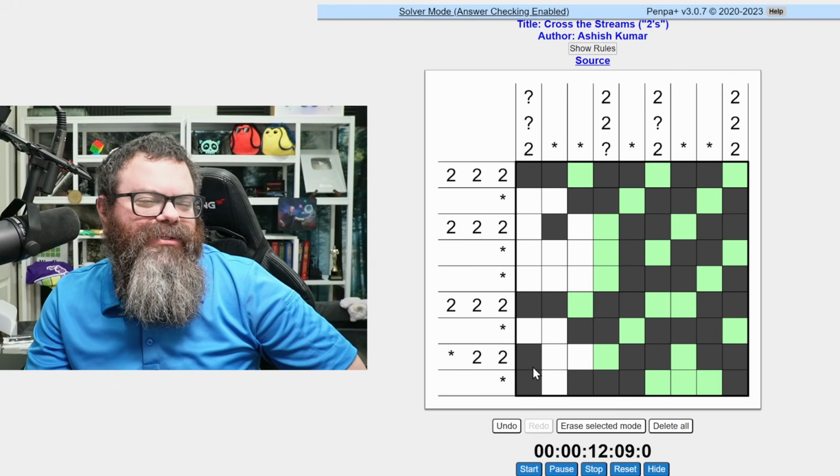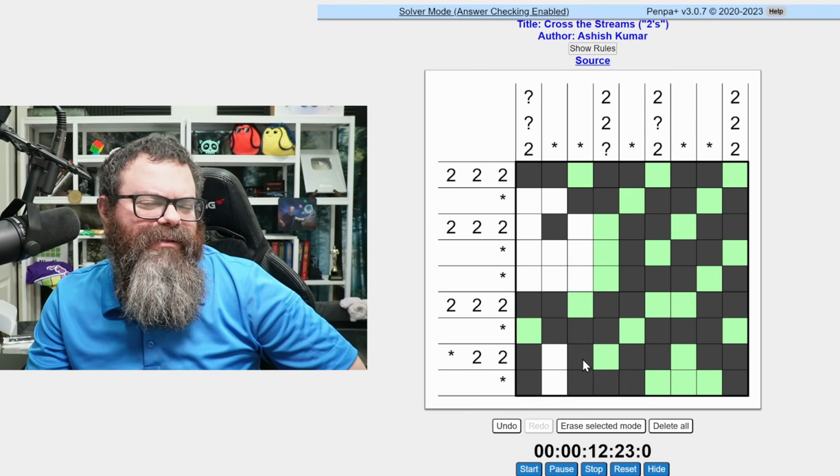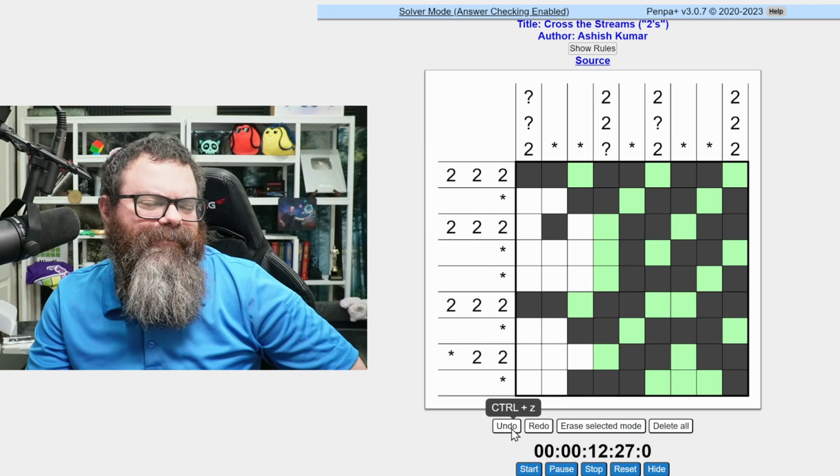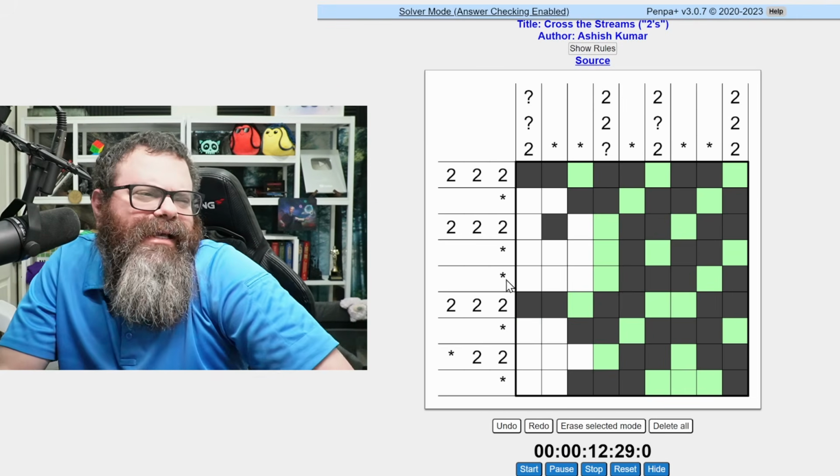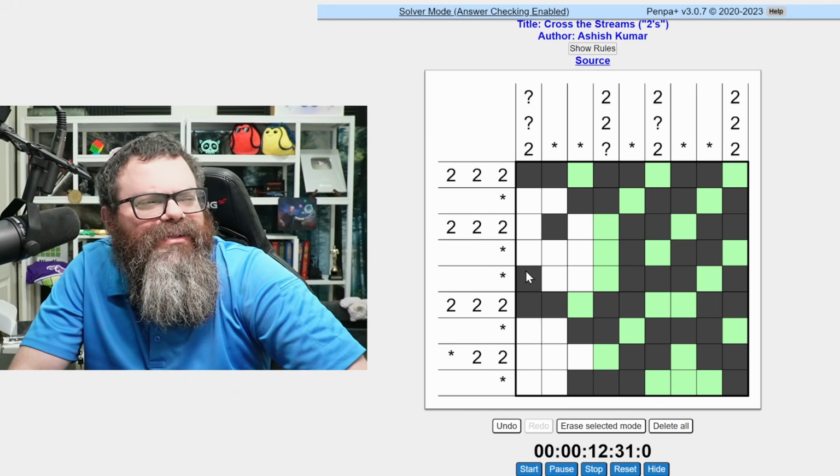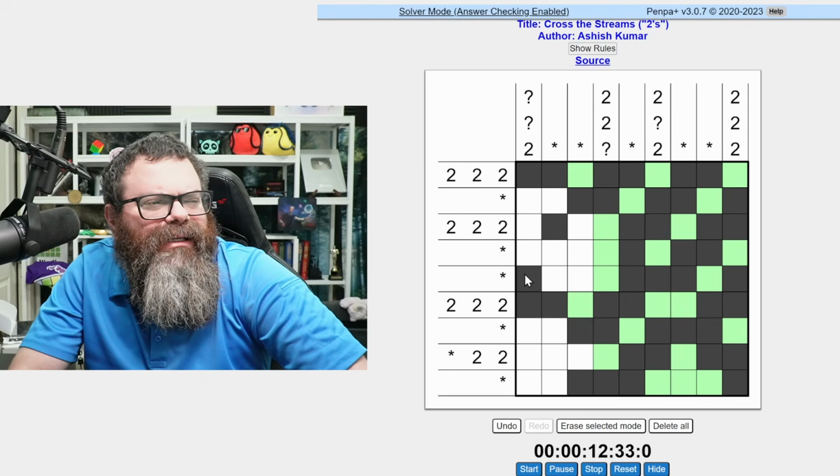Now, what about if the 2 were here? That's unshaded. We'd have to come out through here. Seems okay to me. So like I could, oh, but if this was the last 2, then I feel like maybe the only option is to do the 2 here.